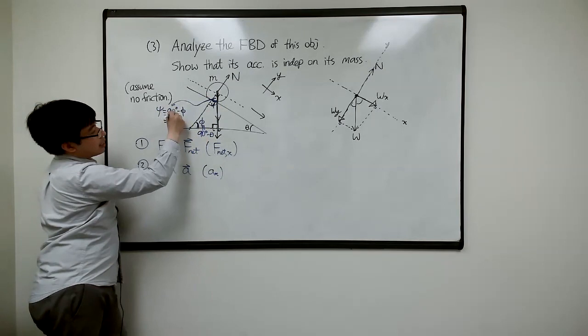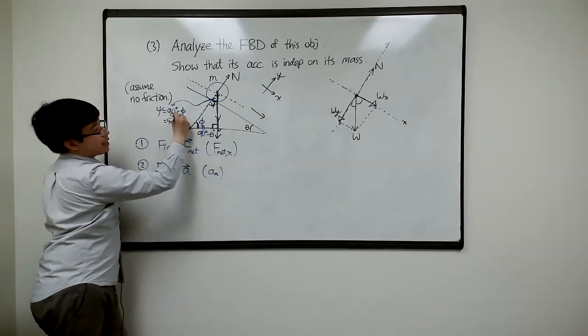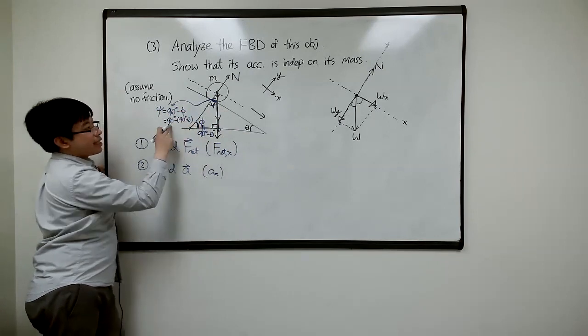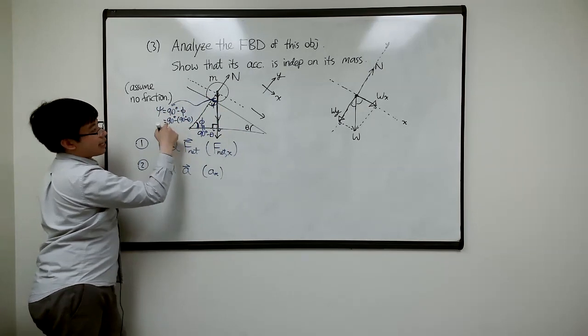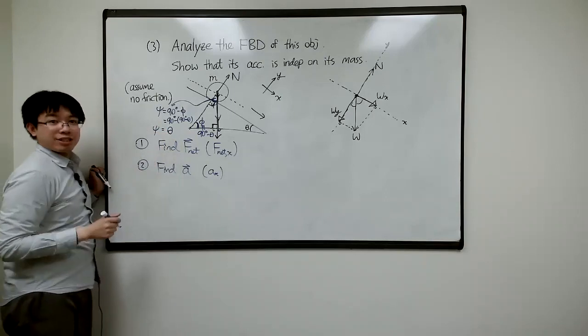Now let's expand it. I want to relate this to theta. Phi is 90 degrees minus theta. If I expand the brackets, I get 90 minus 90 plus theta. So it's theta. I realize psi is actually theta.